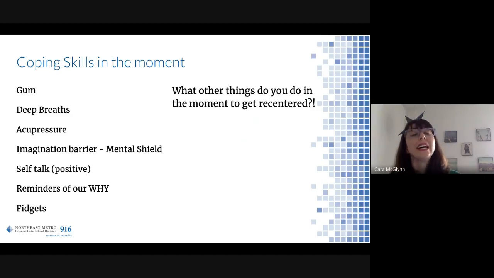So, some things that are known to work: gum. Cinnamon and mint gum in the moment can be very grounding. Those smells support our sensory system, and they tend to give us more of an alert or awake response. But again, just feeling the gum, you can be very mindful with it, thinking about the taste, the texture, the smell, all of that can center you.